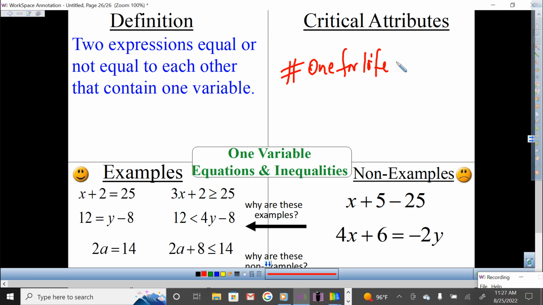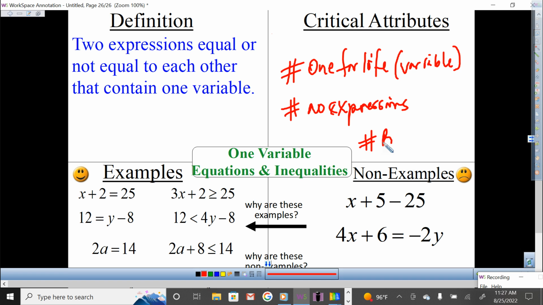Okay, and in parentheses, I'll just put variable. I would put hashtag no expressions, because it cannot be an expression. They have expressions, but it cannot be an expression. Okay? I also would add hashtag... Bam! Let's go.